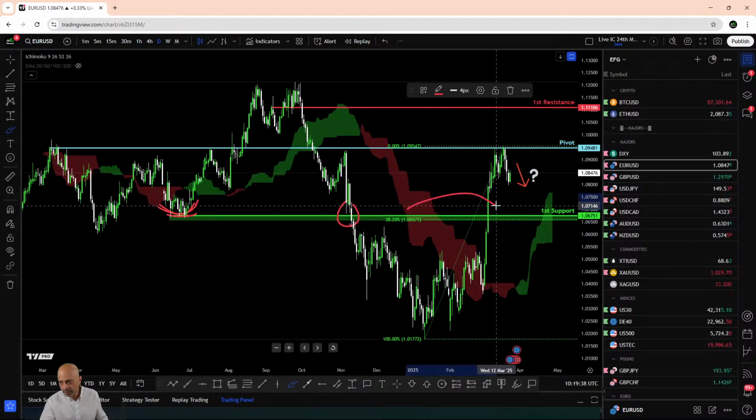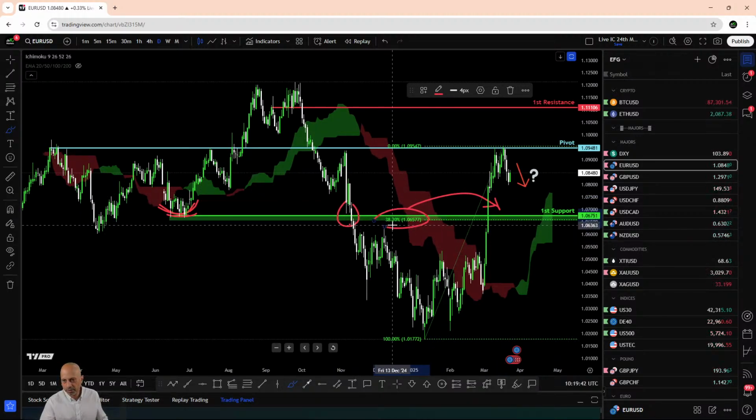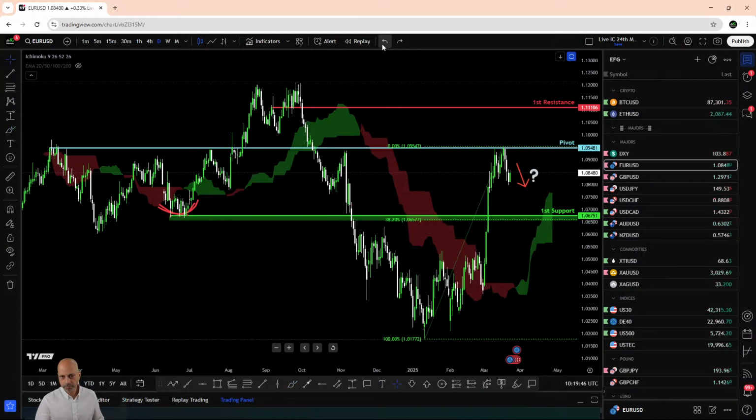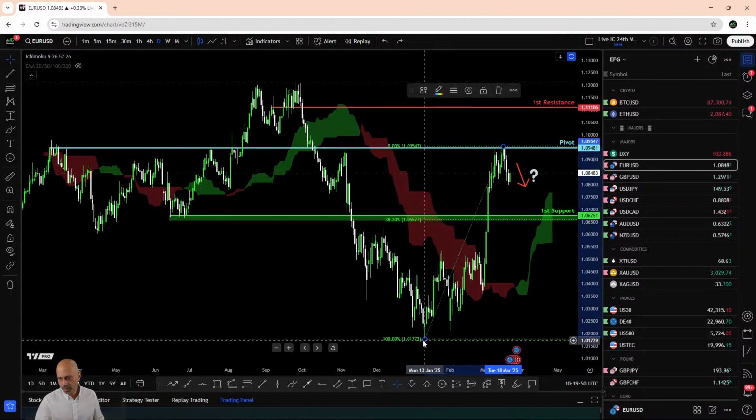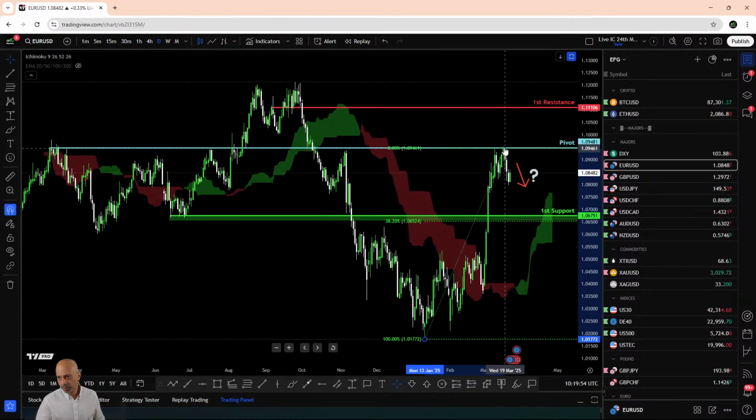So this level is likely to function as a pullback support level that's accompanied by a Fibonacci retracement at 38.2%. This retracement level was found starting from this swing low here on 13th of Jan, going up to the swing high on the 18th of Feb.